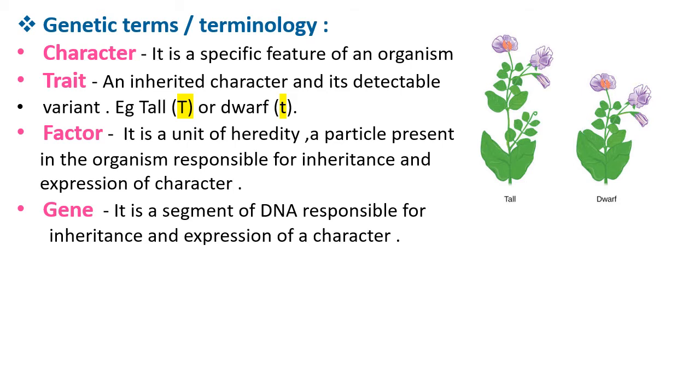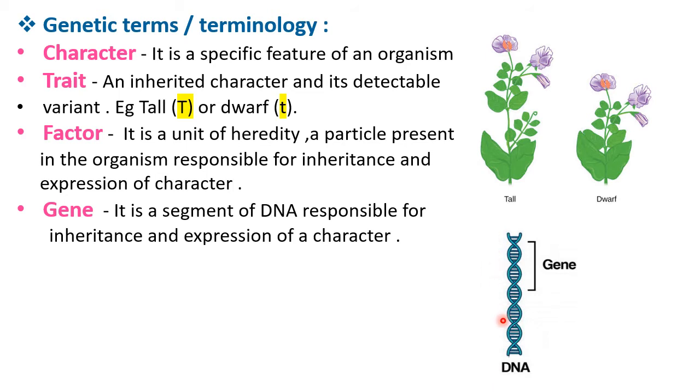Now the fourth genetic term is gene. Gene is a particular segment of DNA responsible for the inheritance and expression of a particular character. In the diagram, we see a linear or straight DNA.